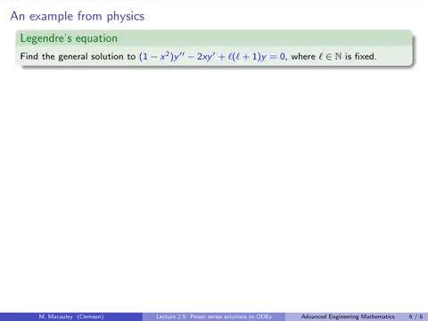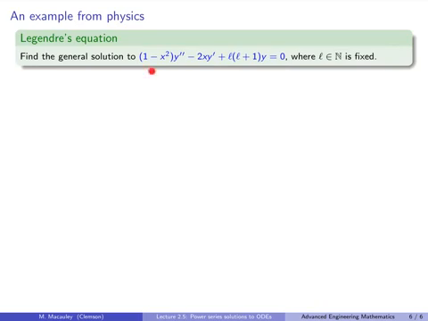I want to conclude with an example from physics that we will return to several times in this course, especially when we study partial differential equations in spherical coordinates. There's this PDE called Laplace's equation, which comes up in the heat equation and the wave equation both. When you convert it into spherical coordinates and solve it, you end up getting this ODE embedded inside.